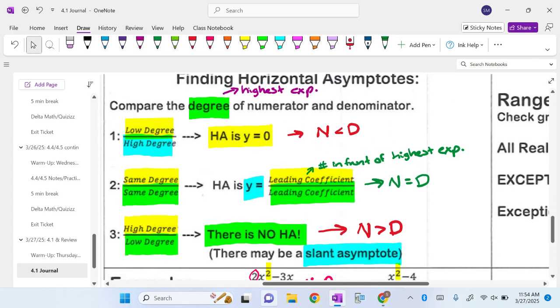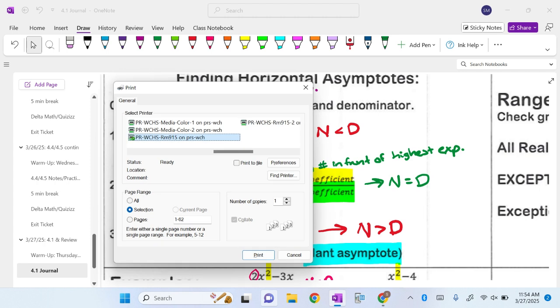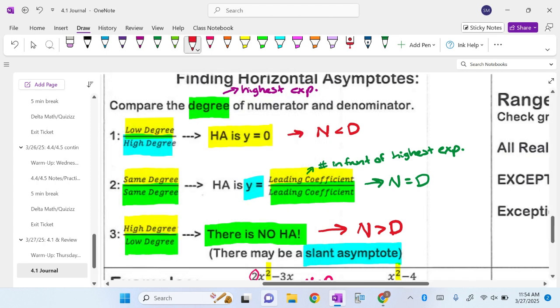So, guys, that's why you need to know these 3 conditions. If the numerator is less than the denominator, it's y equals 0. That's your answer. If the numerator is greater than the denominator in terms of the highest exponent, you have no horizontal asymptote. That's your answer.